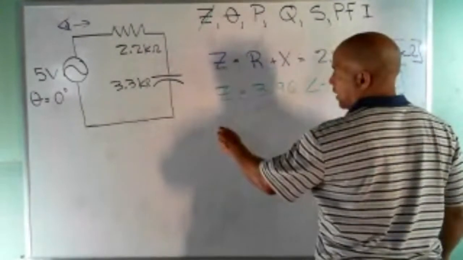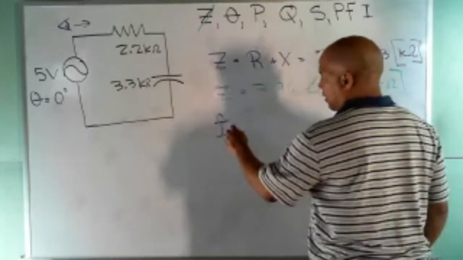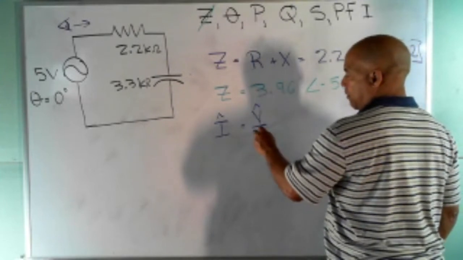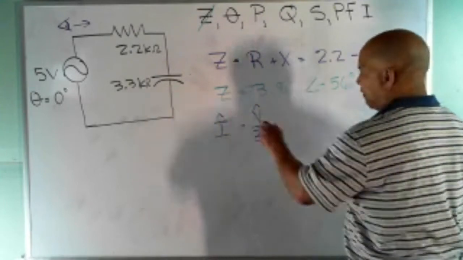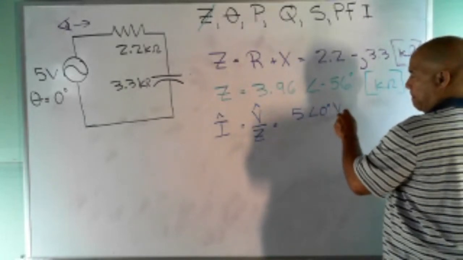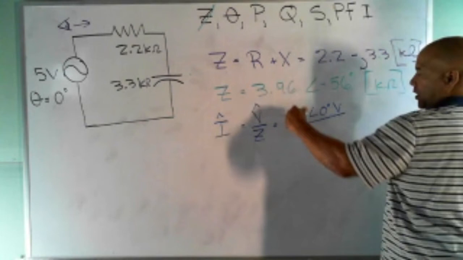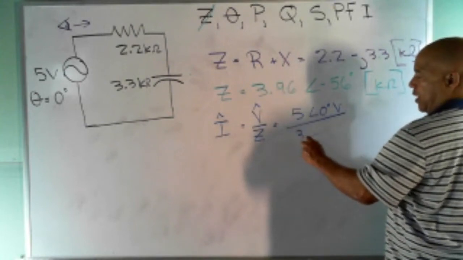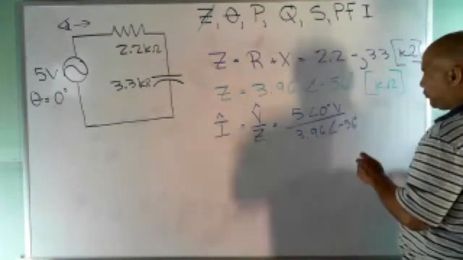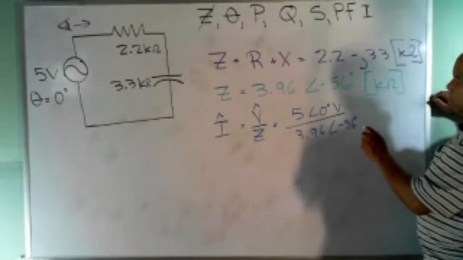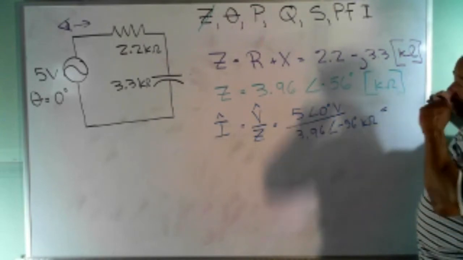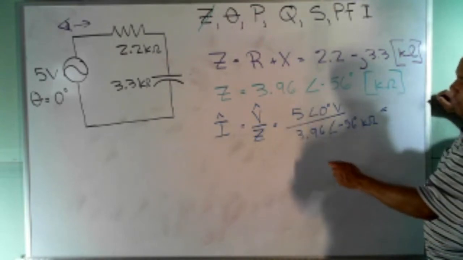So my current now is a phasor. It's going to be my voltage phasor over impedance: 5 angle 0 over 3.96 angle minus 56 degrees. Now this is kilo ohms, which means my current is going to be in milliamps. So what's 5 divided by 3.96?